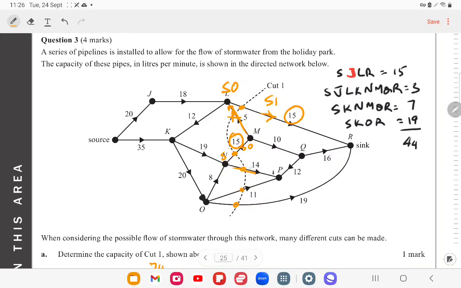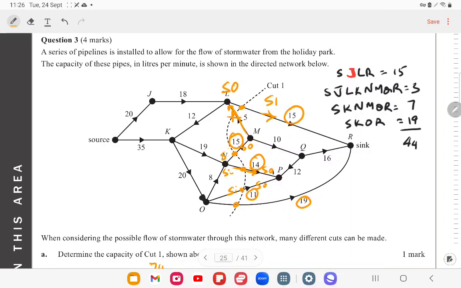This edge flows from the source side to the sink side, included. This one similarly flows from the source side to the sink side and therefore is included. And this one is included on the same basis as well.